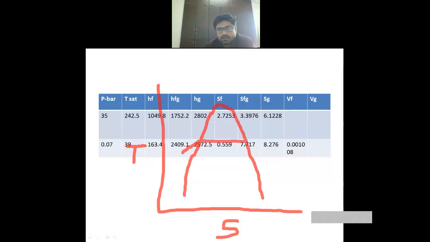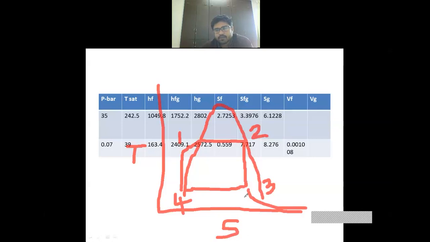Here, this will be our isentropic process. Then point number 1, point number 2, point number 3, and point number 4.